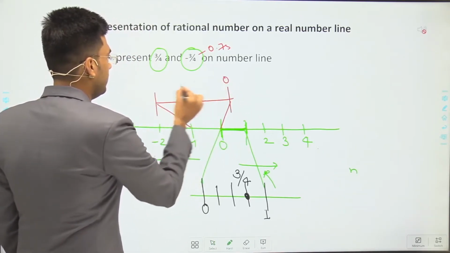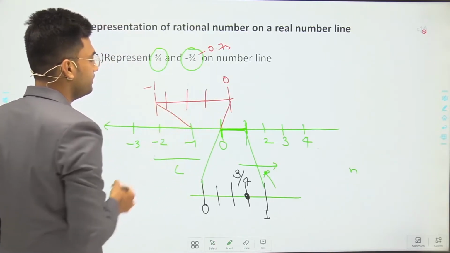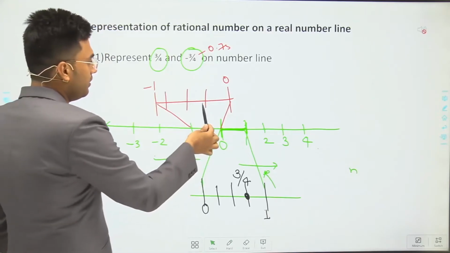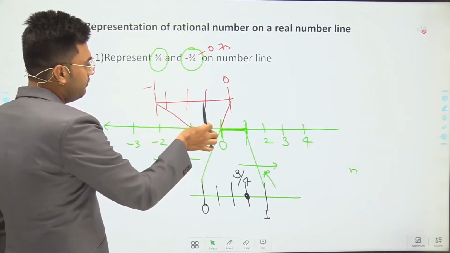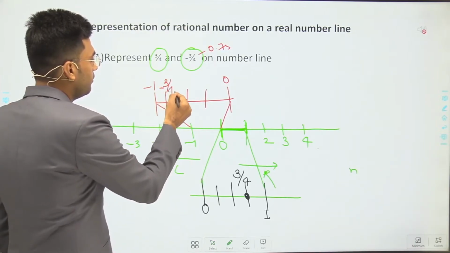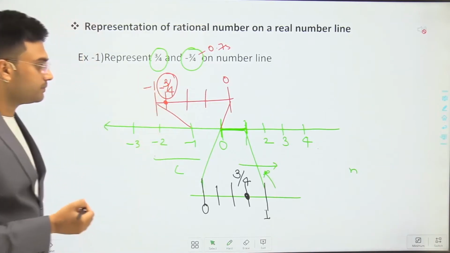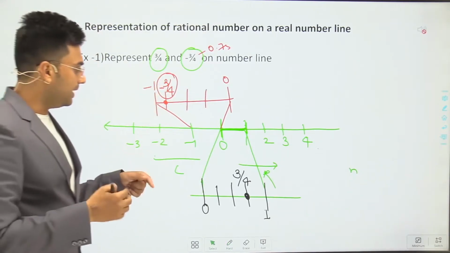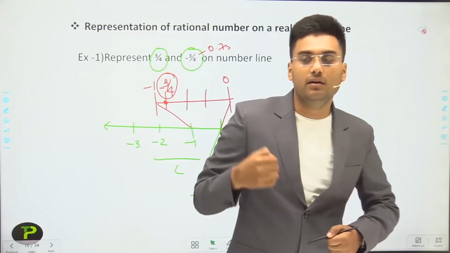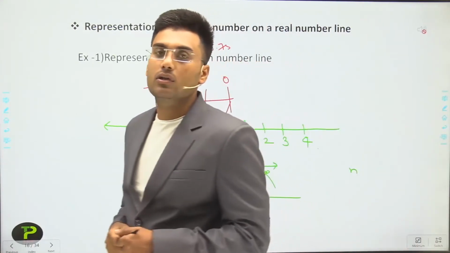Now if you go in this direction, 1, 2, 3, this is minus 3 by 4. This point is minus 3 by 4. Okay. So by this method we can represent any type of fractional rational number on the number line.